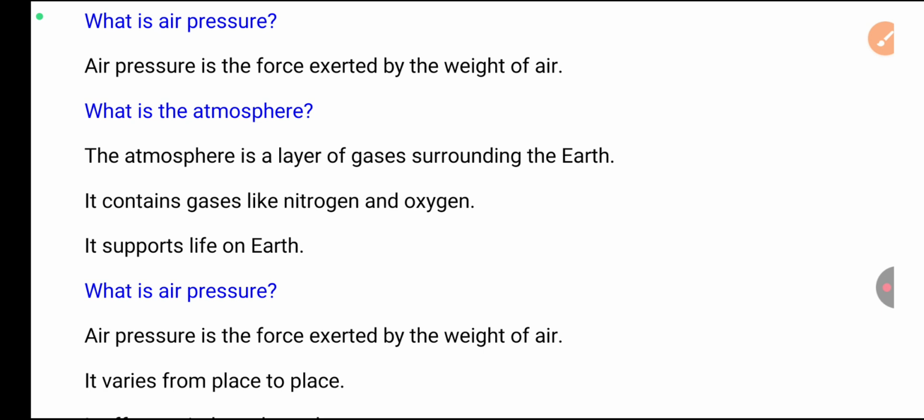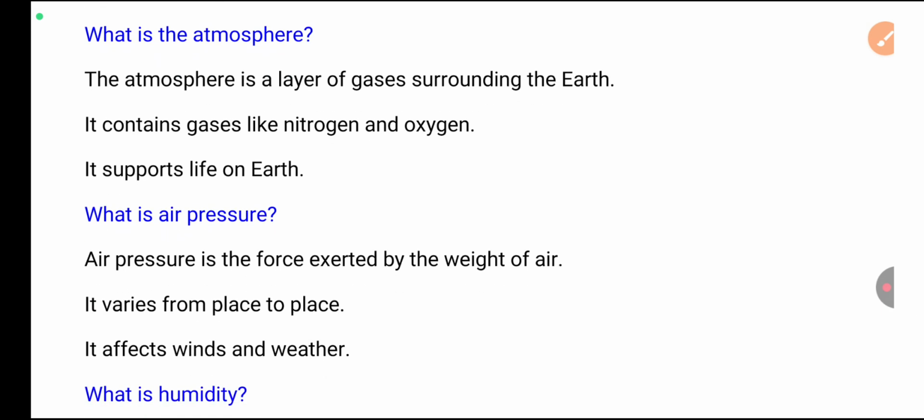What is the atmosphere? The atmosphere is a layer of gases surrounding the earth. It contains gases like nitrogen and oxygen.